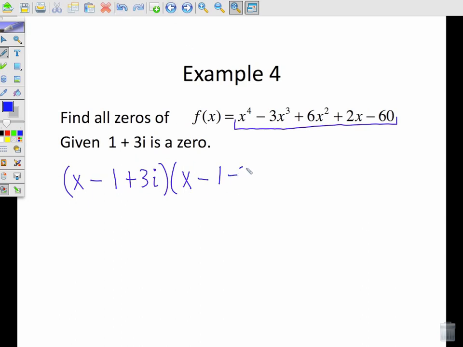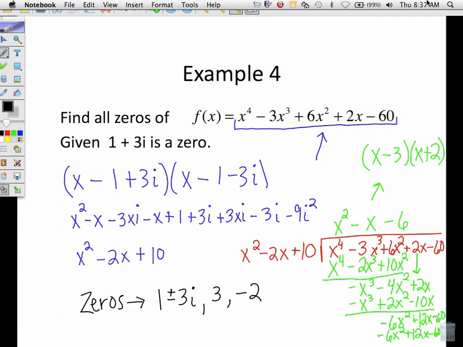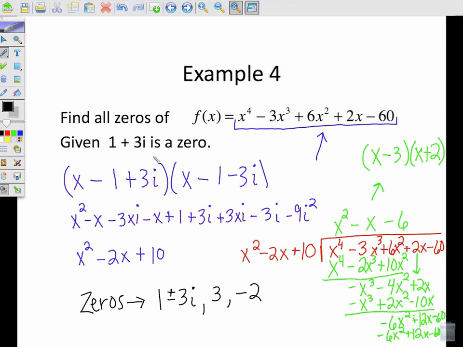And then you would do x minus 1 minus 3i. We're going to FOIL this, multiply it all out. And then you're going to do some long division and see what factors you have left. So go ahead and FOIL this out, do long division, and see if you can find the rest of the zeros. And then I'll go ahead and perform it for you.